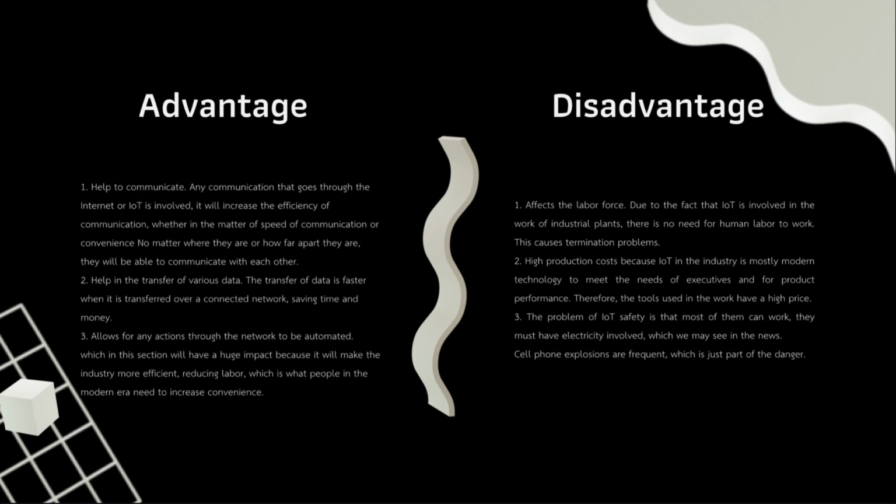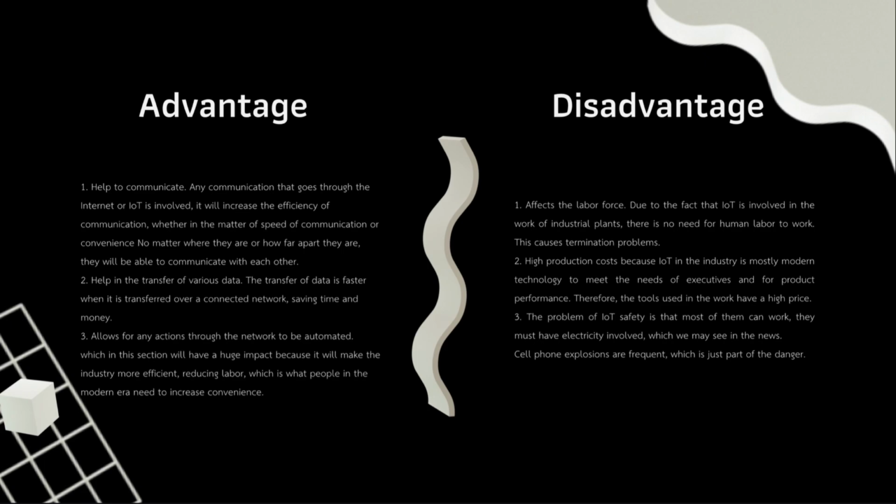First, it affects the labor force because IoT is involved in the work of industrial plants. There is no need for human labor to work, causing termination problems. Second, high production costs, because IoT in the industry is mostly modern technology to meet the needs of executives and for product performance.